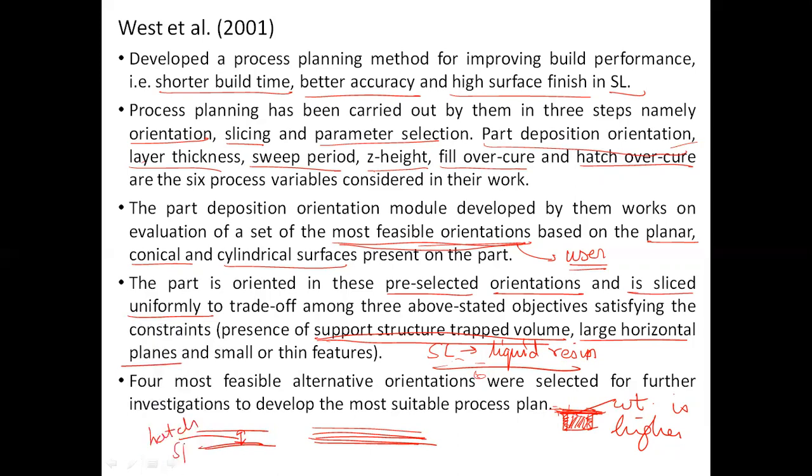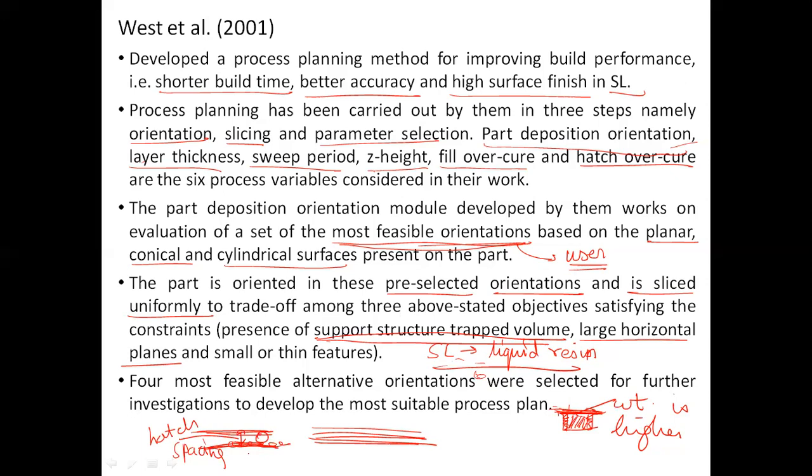If the laser is not able to cover the complete hatch spacing, then some part of the liquid will remain uncured. That means it will not be solidified. So large horizontal planes have to be avoided.